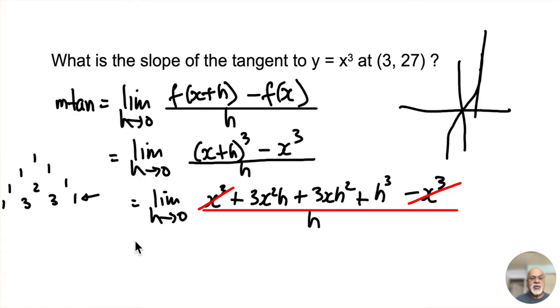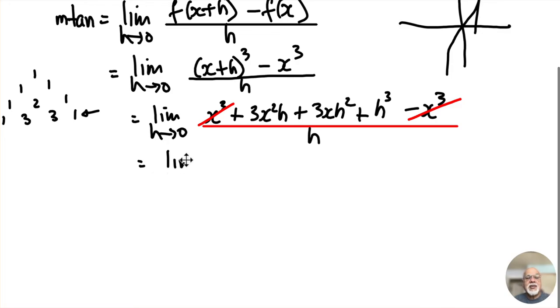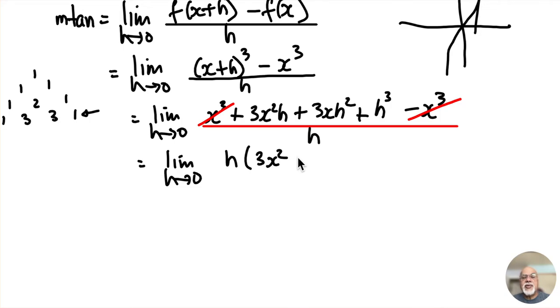All right, let's proceed. So this becomes the limit as h goes to 0. And you'll notice that the only terms that didn't cancel are the ones that have h's in them, which is handy because now I can factor out an h from all of them, and that'll cancel this h on the bottom. So we end up with 3x squared plus 3xh plus h squared all over h.